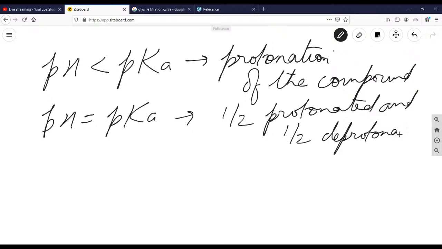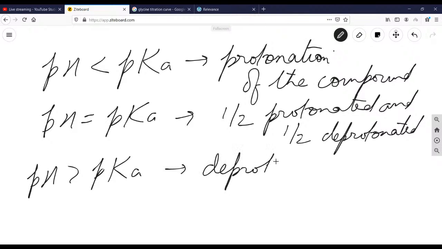Okay, because too much H plus is not there, it is equal to pKa1. When pH is greater than pKa1, and too much OH ions means pH has risen, so deprotonation of the compound to neutralize that OH minus ion.